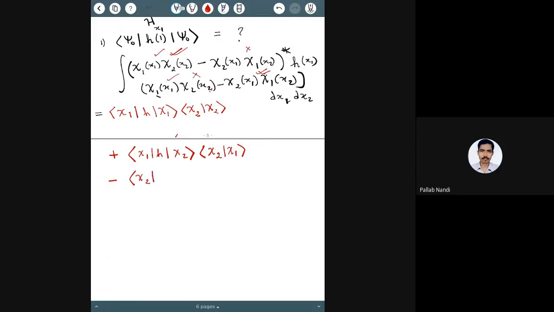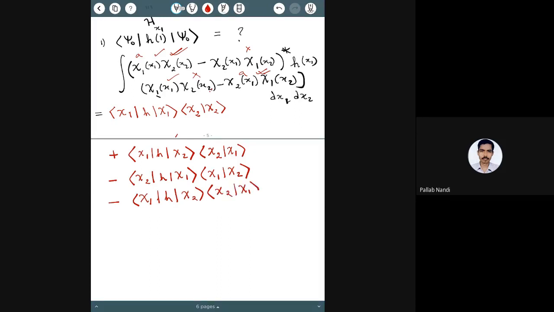So I have minus chi2 h chi1, and I have chi1 chi2. And then we have the next one, I have to think of another symbol. This one and this one, that is chi1 h chi2 and chi2 chi1.